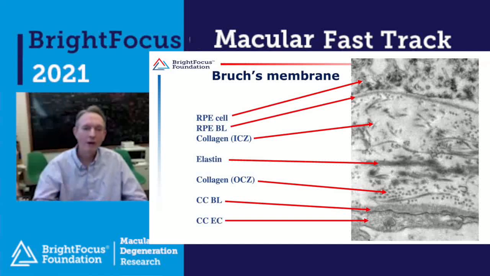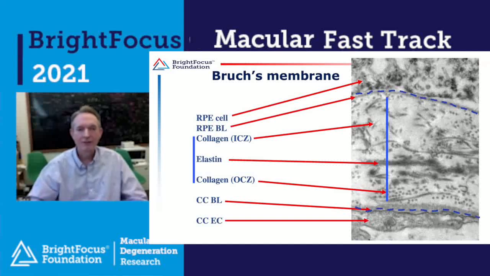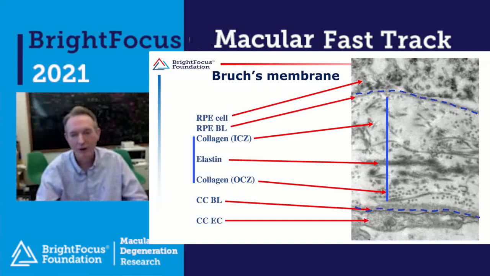And in Hogan's original description of Bruch's membrane, he includes all of these layers from the RPE basal lamina to the choriocapillaris basal lamina. And Dr. Curcio and the Sarkses both prefer this kind of nomenclature where Bruch's membrane doesn't really include the basal laminae shown here. It's this intervening extracellular matrix material, including a layer of collagen.